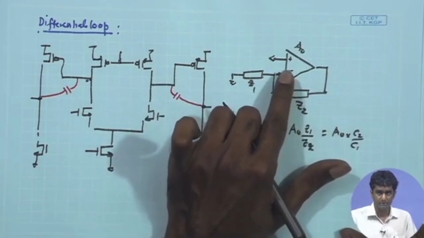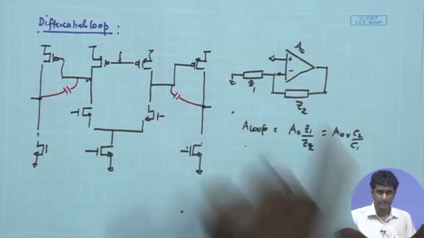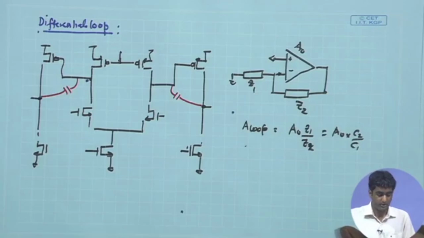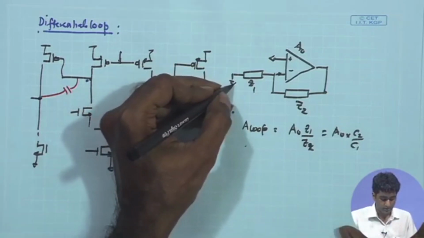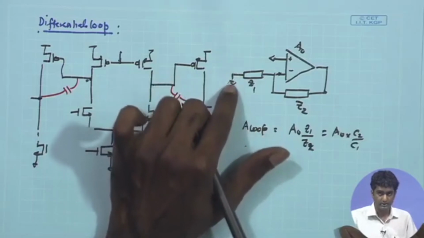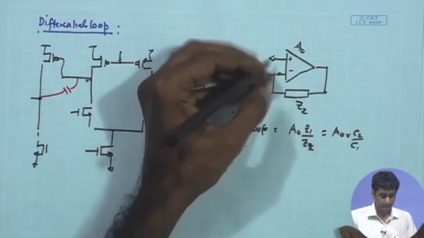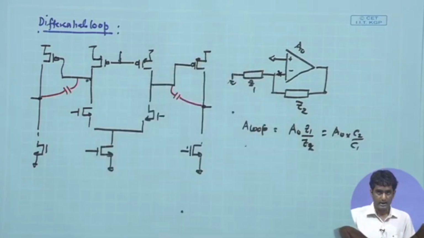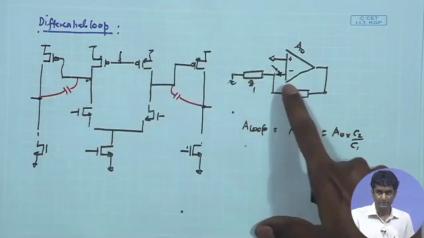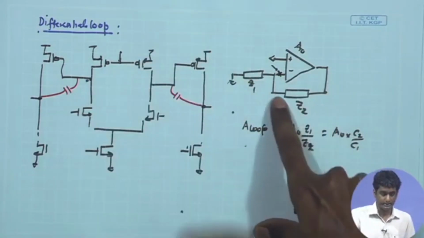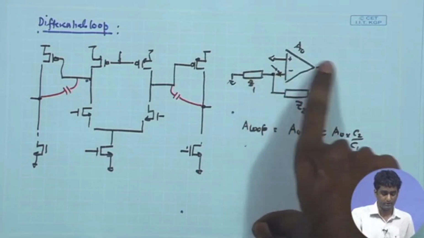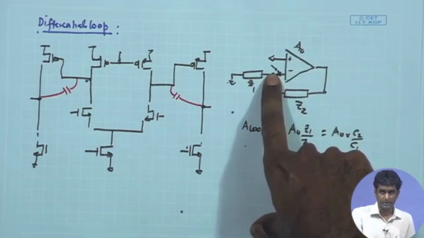This is a relatively more convenient way of checking the stability, and almost a similar scheme can be applied to the non-inverting configuration as well. So, here you are having the input signal, I am setting that signal to 0, that means this is now applied to the DC potential, and we are opening the loop over here, and that means that we will be applying the signal at this particular point, and we can test what is the feedback voltage coming at this point. So, overall, after tracing the loop, what is the signal coming over here.